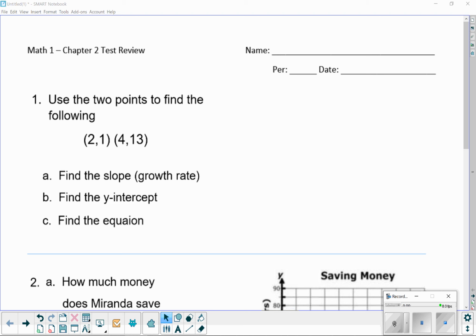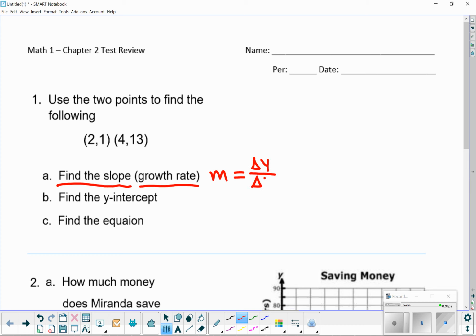All right, let's start with number 1. Use the 2 points to find the following. We need to find the slope, which is actually the growth rate. The slope is known as m, which is the change in y divided by the change in x.